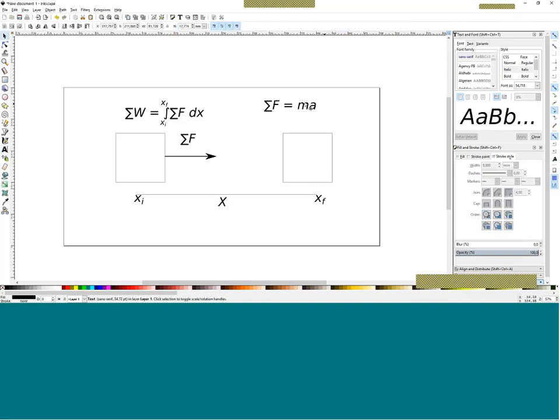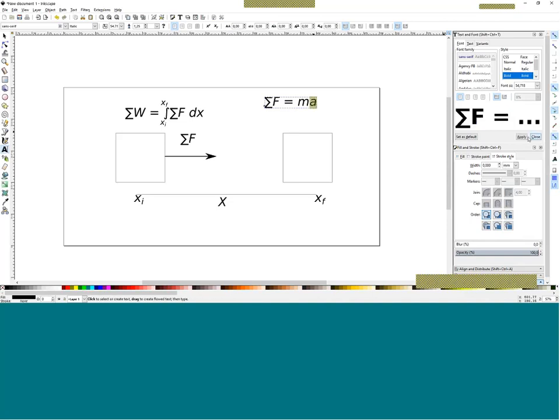This is Newton's second law, and we know this for a fact. We've done this in the previous lecture. This is, of course, a vector equation. Let me make sure that that's clear.